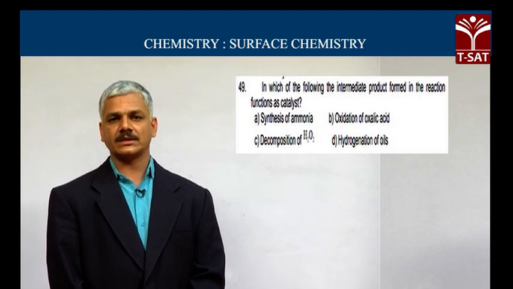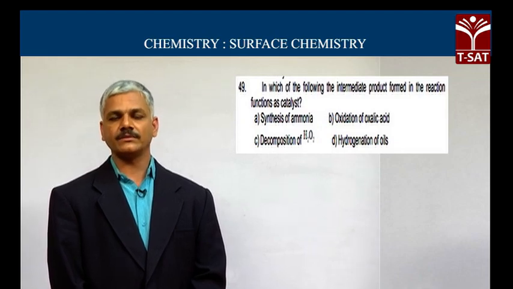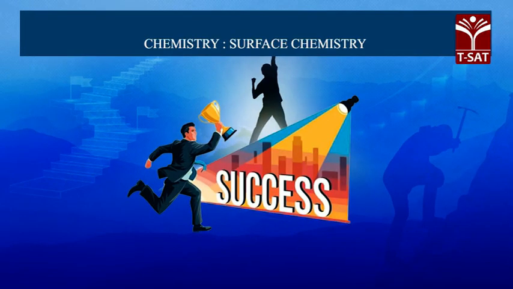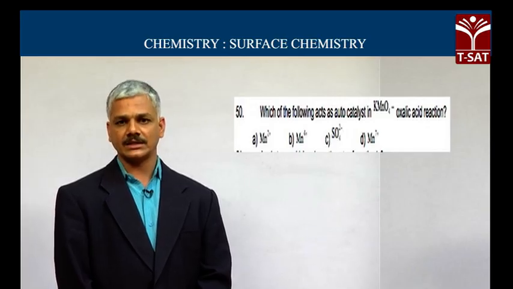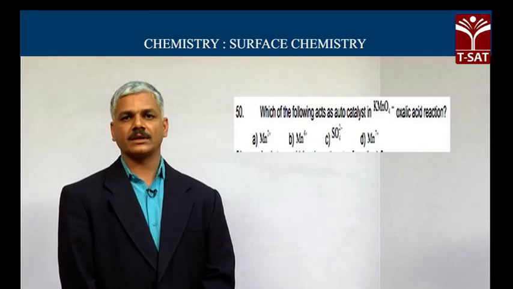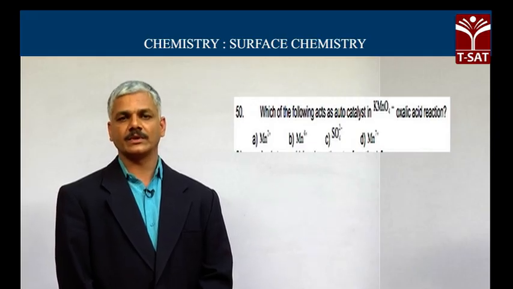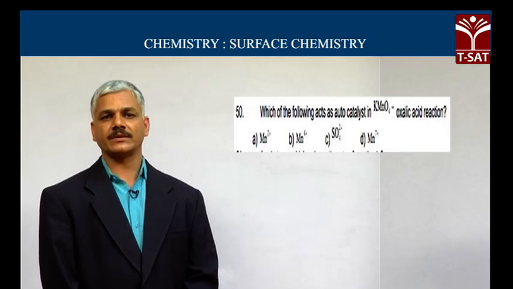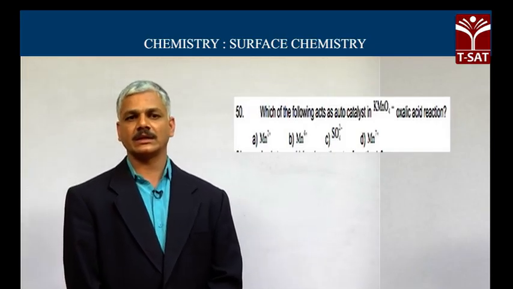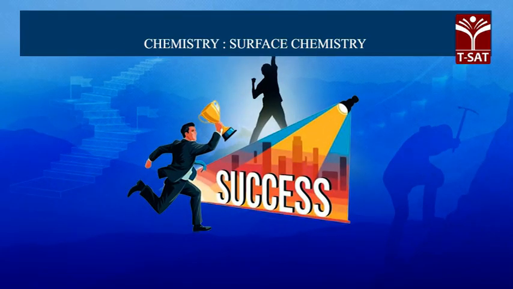Correct option is B, oxidation of oxalic acid. 50. Which of the following acts as autocatalyst in potassium permanganate oxalic acid reaction? Given options are: Mn+2, Mn+4, SO4 2-, Mn+7. Correct option is A, Mn+2.